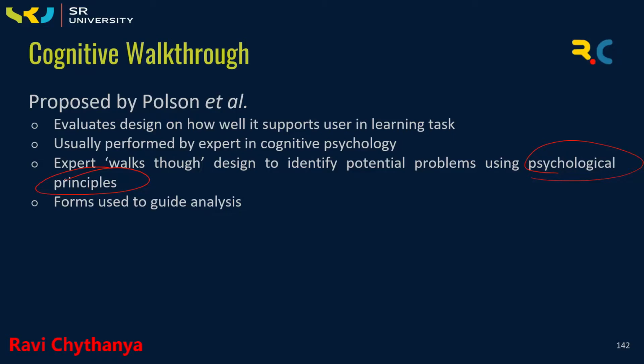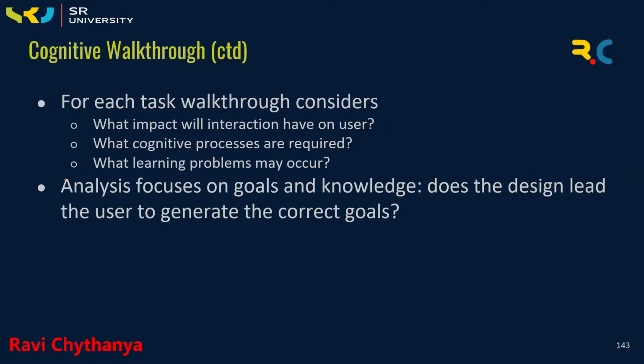This cognitive walkthrough form is used to guide the analysis of the system which you have developed. For every task, according to the psychological principles, the walkthrough considers what impact the interaction will have on the user, what cognitive processes are required to evaluate the design, and what learning problems may occur while learning the design you have developed.